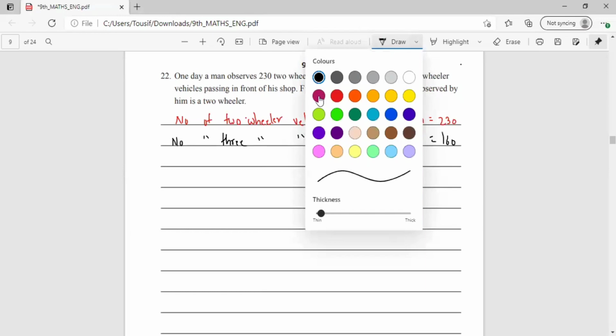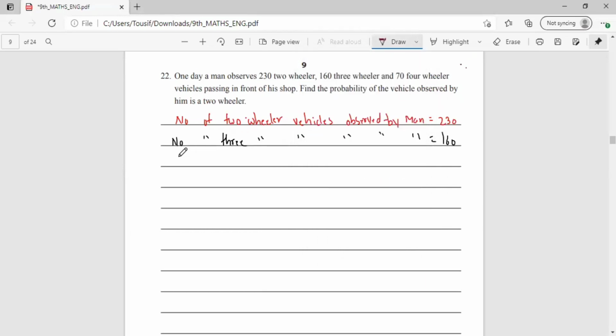And the last kind of vehicle is the four-wheeler. So the number of four-wheeler vehicles observed by man is how many? 70.